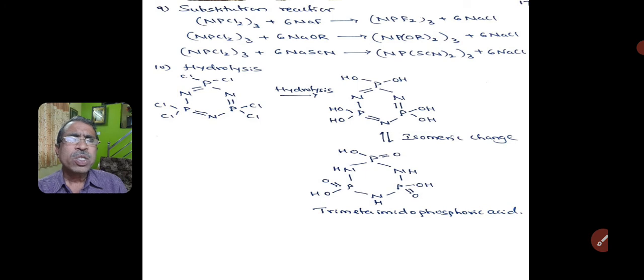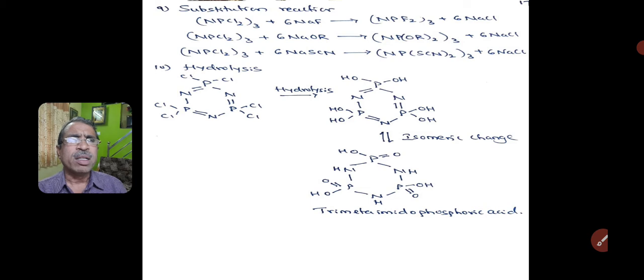Now, the trimer phosphonitrile chloride can undergo substitution reactions. When we take the trimer (NPCl2)3 with sodium fluoride, the Cl is replaced by fluorine, and we get the phosphonitrile fluoride trimer.